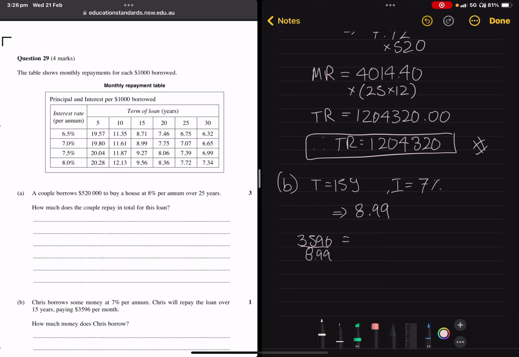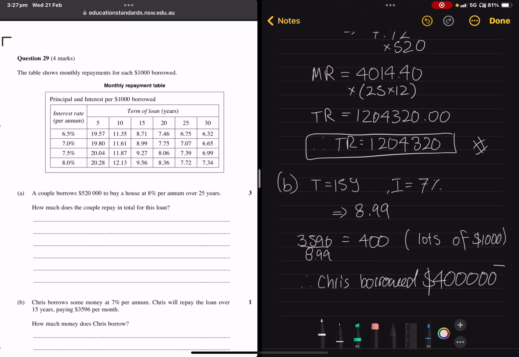My calculator tells me this is 400. So this implies that he borrowed 400 lots of $1,000. So 400 times 1,000, that's 400,000. So therefore Chris borrowed $400,000 under these conditions. And this is the answer to part B.